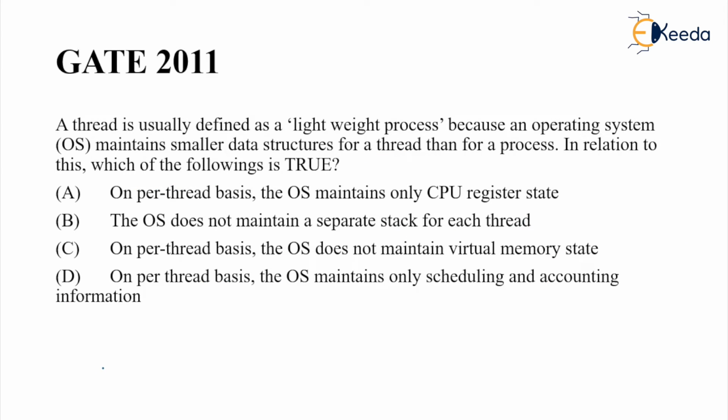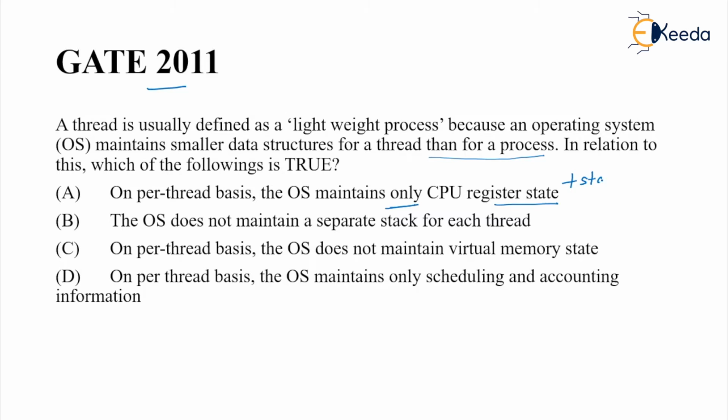2011 question: a thread is usually designed as a lightweight process because an operating system maintains a smaller data structure for a thread than for a process. In relation to this, which of the following is true? On a per thread basis, the OS maintains CPU register state only. The problem is not with the CPU register; when you say only, what about the stack?